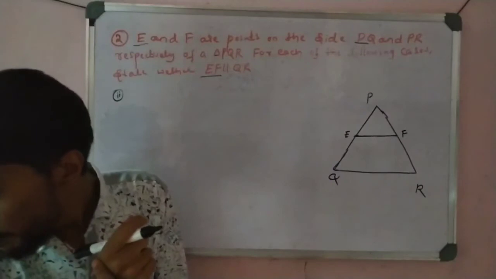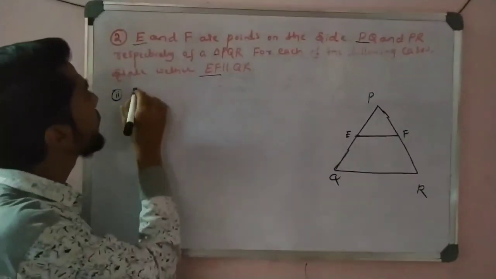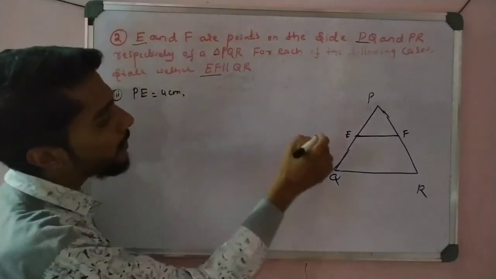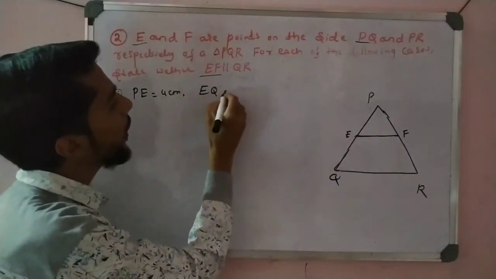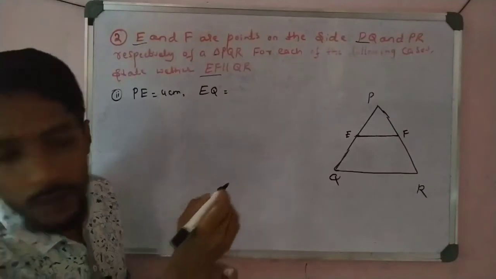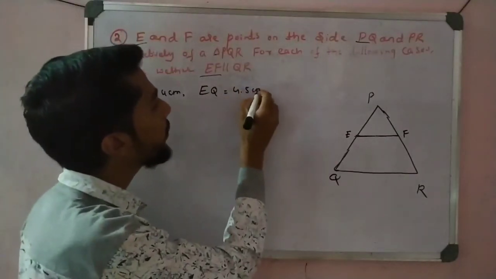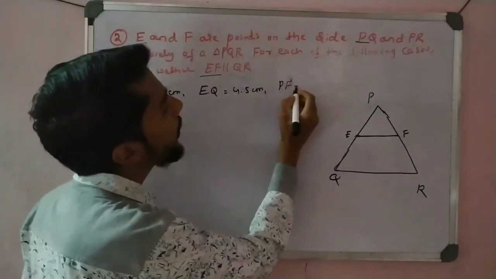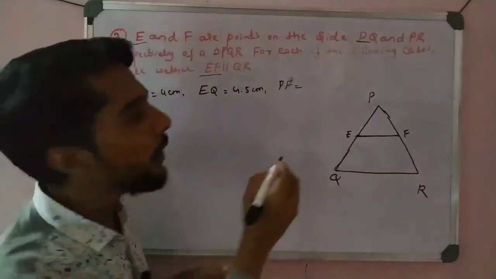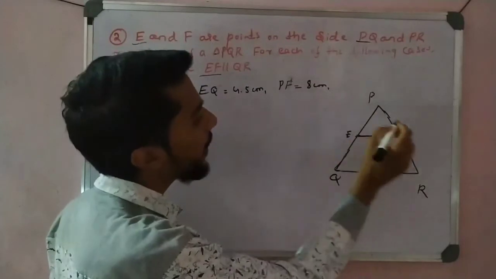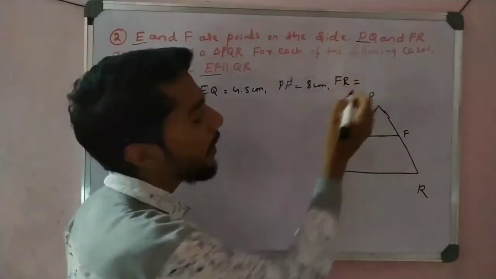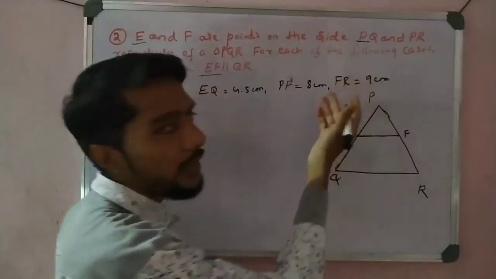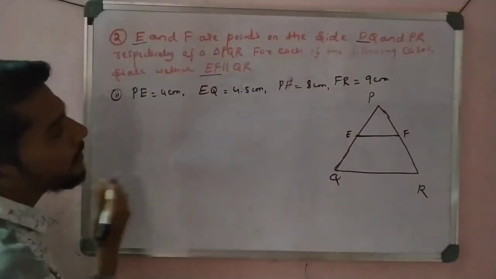Given PE is equal to 4 centimeter, EQ is equal to 4.5 centimeter, PF is equal to 8 centimeter, and FR is equal to 9 centimeter.